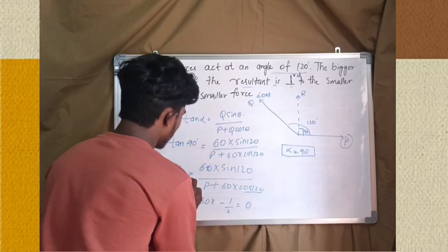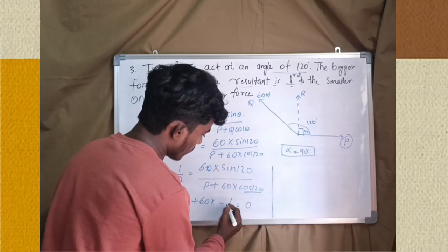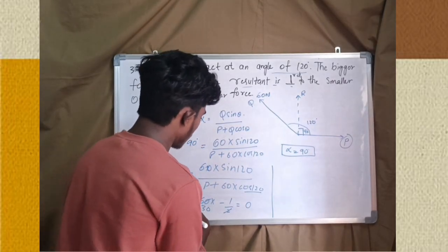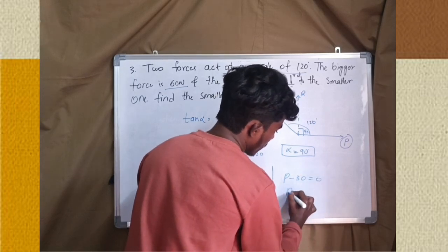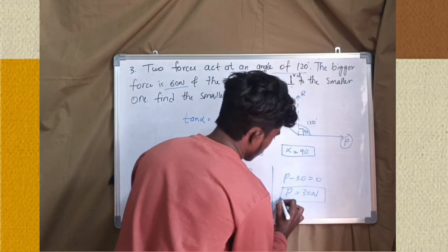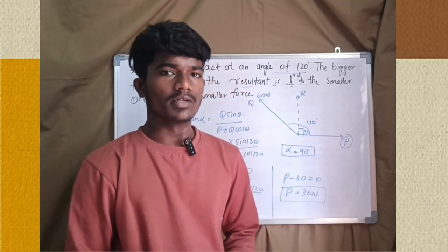P plus 60 into minus 1 by 2 equal to 0. Two 30s are 60, we get P minus 30 equal to 0. P equal to 30 newtons. The value of the smaller force is 30 newtons.